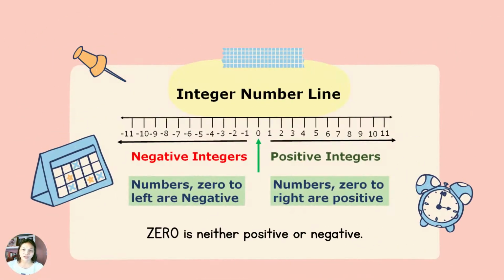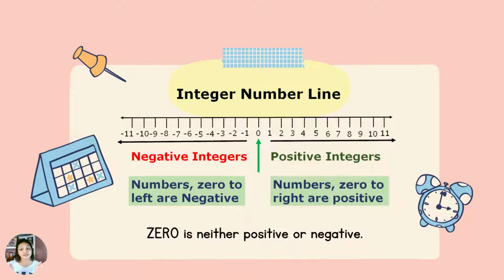Okay, so we have here next. This is an integer number line. As you can see, yung gitna niya is 0. From 0 to the right, those are positive integers. And if the numbers from 0 papunta naman sa left, those are negative integers. So, positive sa right, negative naman sa left of 0.